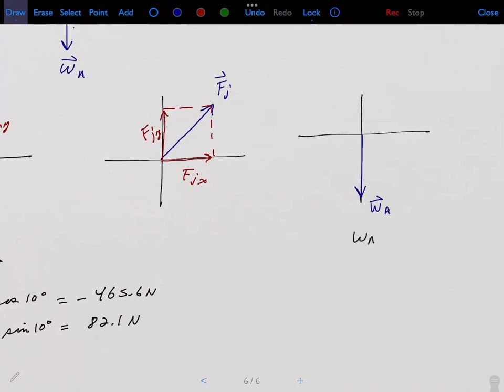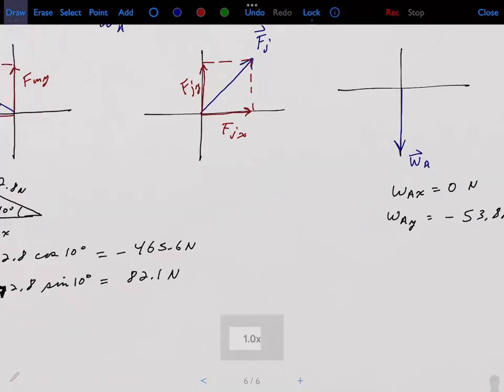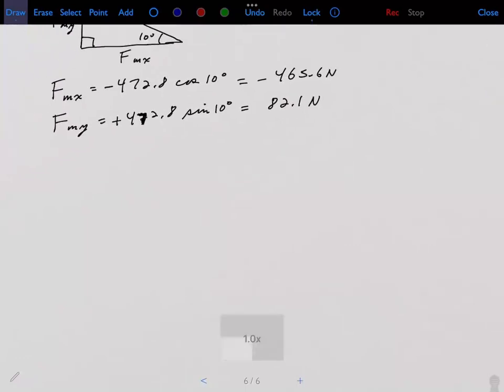So WAx is going to be 0. But then WAy, the entire thing is acting in the y direction, but it's negative, right? So it's negative, and what was the weight of the arm? 53.8, I think, newtons. Okay.